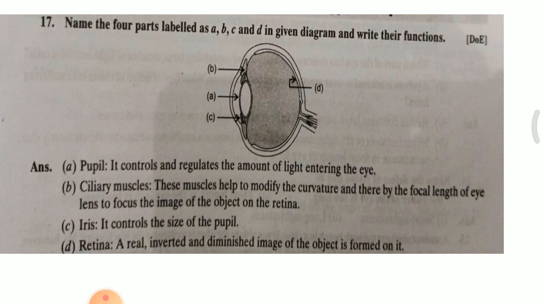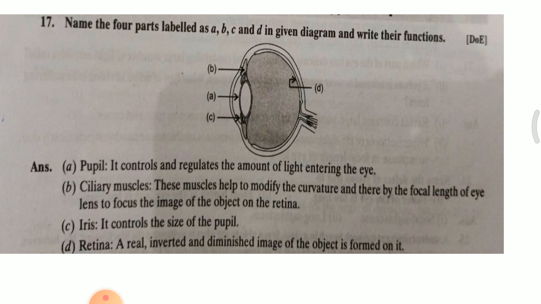What is the function of the pupil? It controls and regulates the amount of light entering the eye. When dim light enters, the size of the pupil is big. When bright light enters, the size of the pupil is small. So it controls and regulates the amount of light entering the eye.